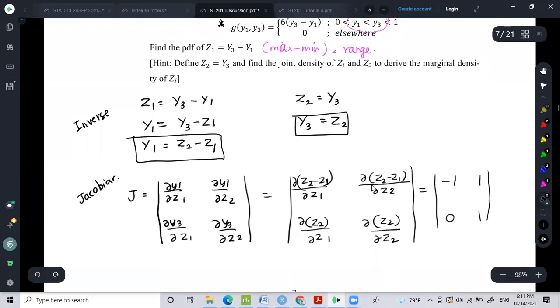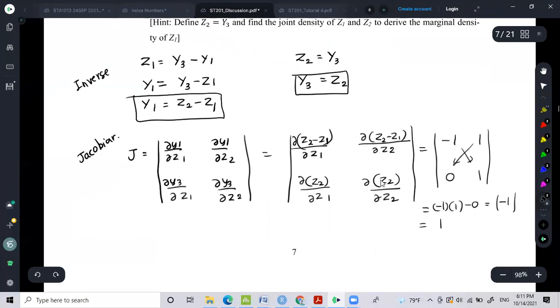The next will be 1. When you do the cross multiplication, you end up with negative 1 times 1 minus 0, which is negative 1. And when you take the absolute value of the determinant, it is 1. So this is the Jacobian, and it will be 1.